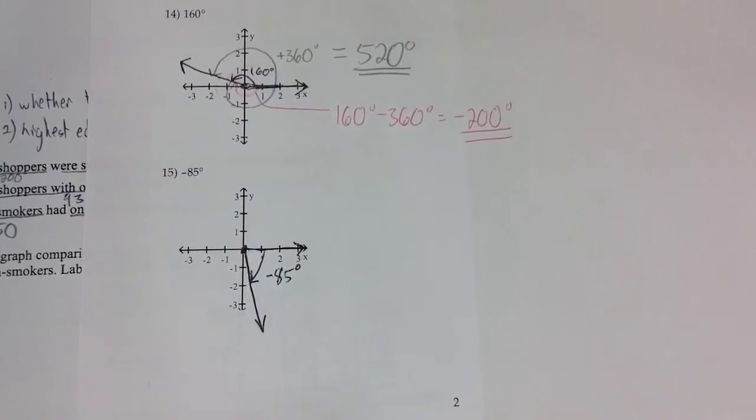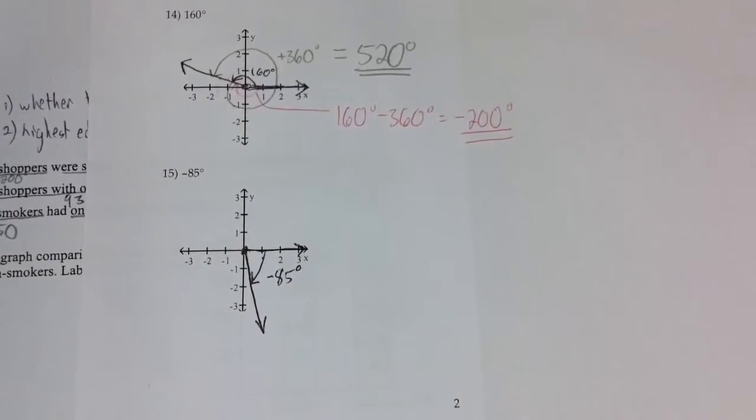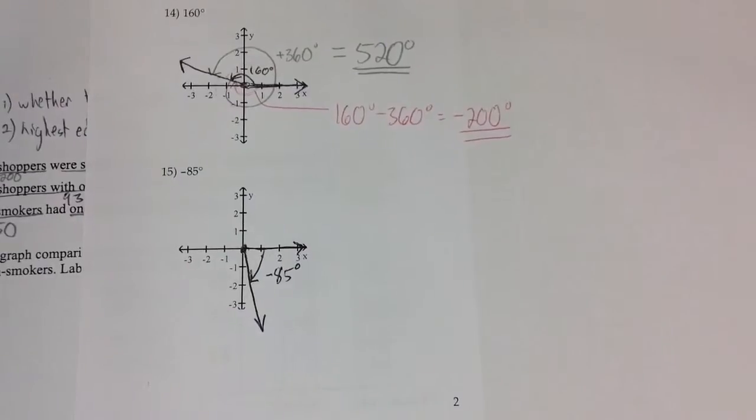No? Okay. So I'll go to volunteers. Terry? Tell us how you got that. Just add 360 to negative 85. Yes. Okay.